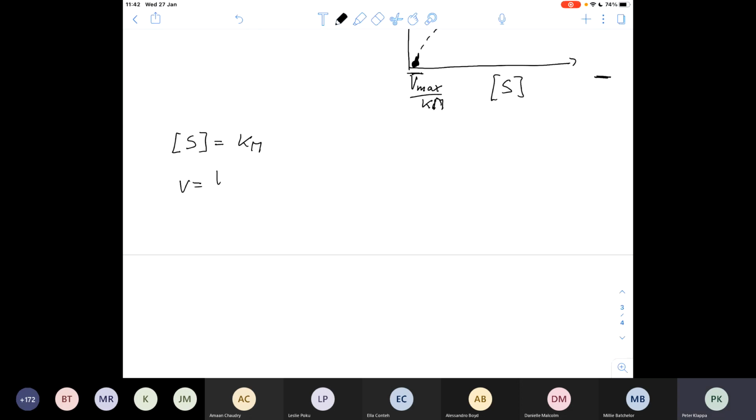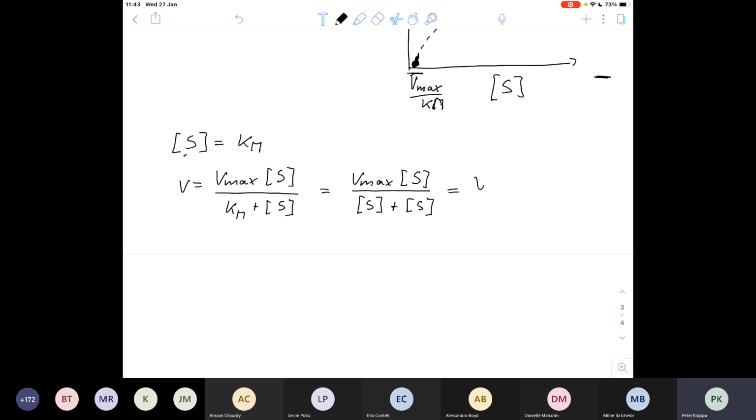Rate equals Vmax times S divided by Km plus S. And instead of Km, I just simply can write, in this case, S. I can write Vmax times S divided by S plus S. And I can put these two S together.